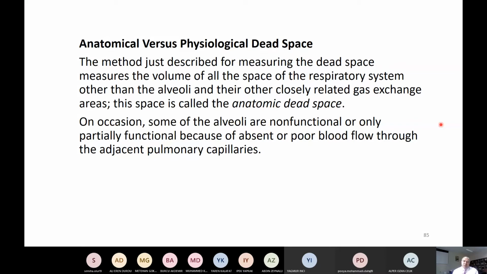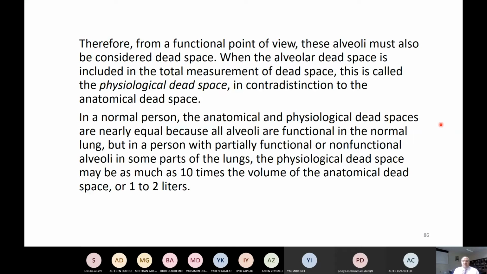So this part is not entering gas exchange actually. So the anatomical dead space will be more because of non-functional alveoli, their presence in chronic obstructive lung disease. So in this case, the physiological dead space will be higher than the anatomical dead space. Okay, this is physiological dead space.